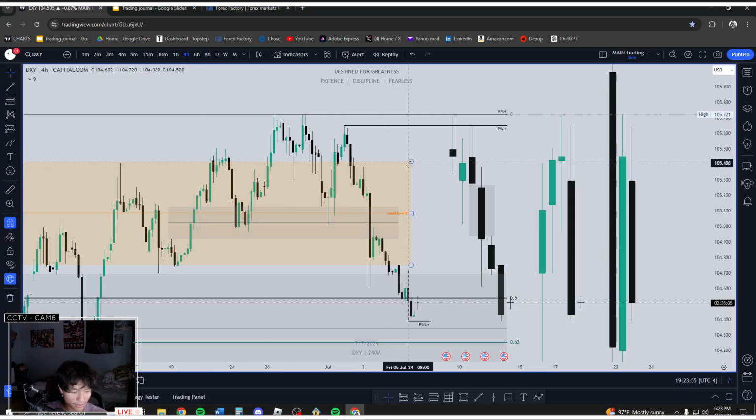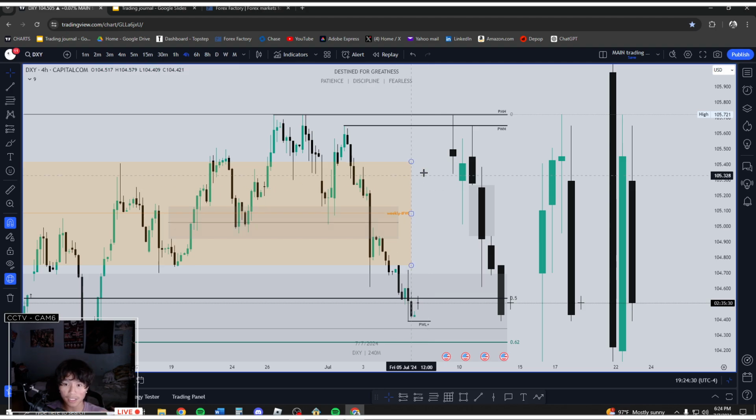How can I phrase this? The higher time frame gives us narrative, but the lower time frames give us entries, and allow us to see when and where price will reverse and start changing, slowly altering narratives. And when it's slowly changing on the lower time frames, the lower time frame eventually catches up to the higher time frame, and the higher time frame has to also change and pivot from its objective.